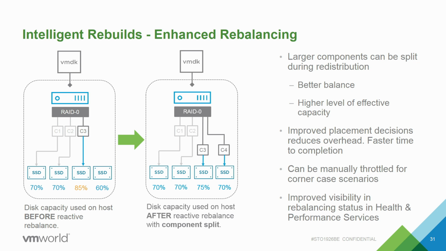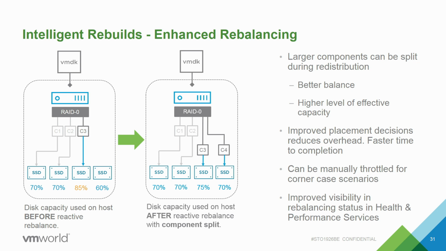We've also improved some of the logic around the placement choices of those components as it's rebalancing. One thing that can happen in any sort of distributed storage system, and even in vSAN, is that you can have a chain reaction effect of the components, in that if a certain component is placed on host B, then it realizes, oh, now it has to move another component elsewhere.